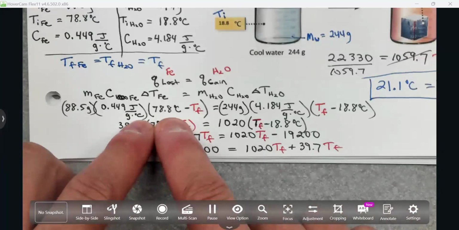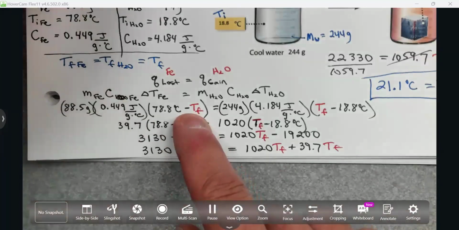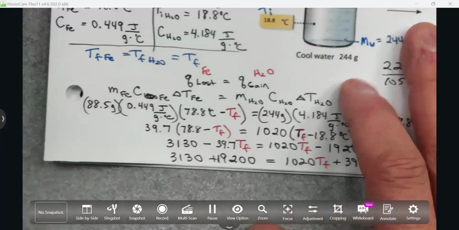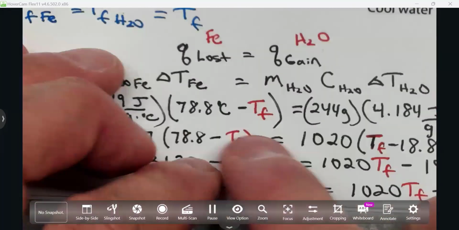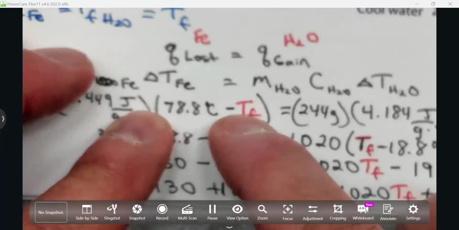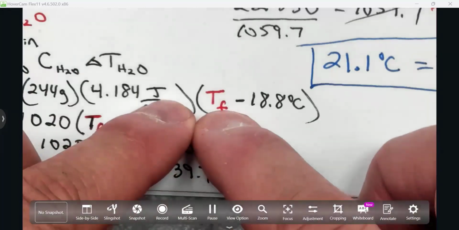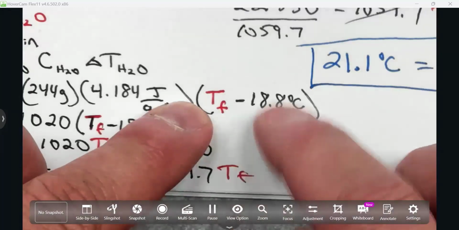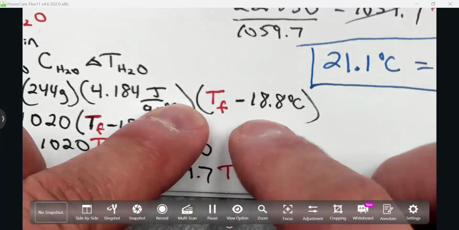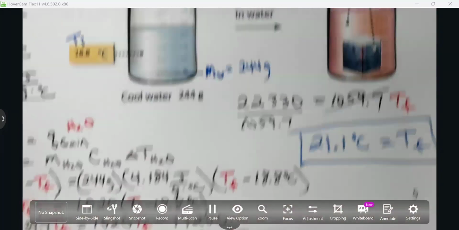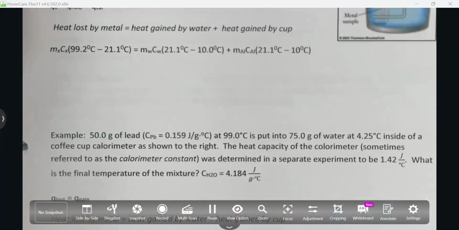So this one's actually T initial minus T final because I know my hot iron is going to be lower in temperature. I know here that my final temperature is going to be greater than 18.8 because this is going to go up. So keep your temperature change quantities positive.